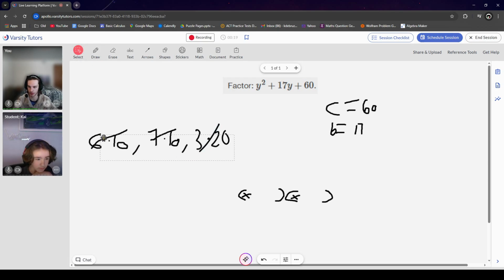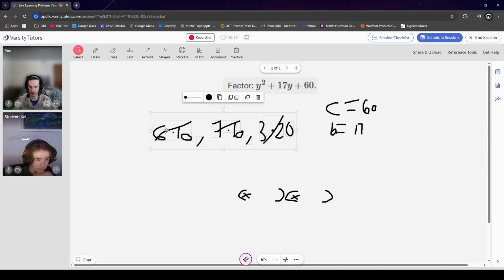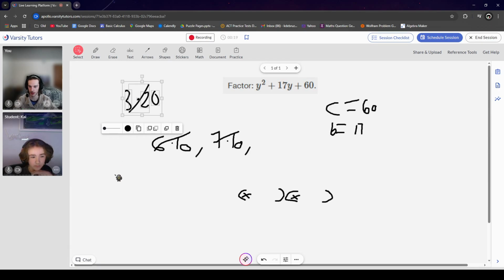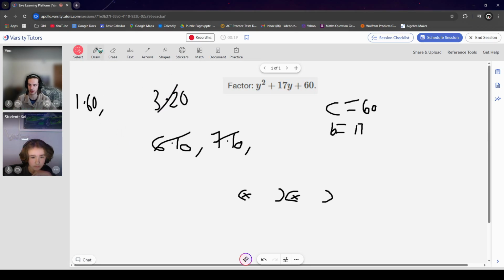I'll give you one more piece of information that might help a little bit. All of these multiples can be listed out in order. So you can choose 1 times 60, 2 times 30, but these don't work. 3 times 20, then there's a 4, a 5, a 6 and a 7, and so forth.